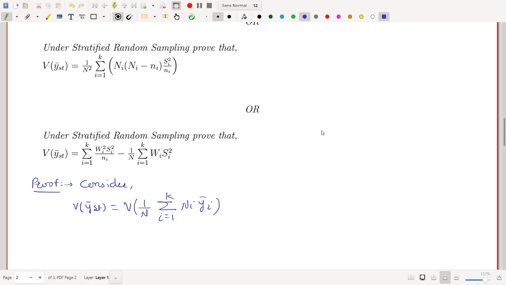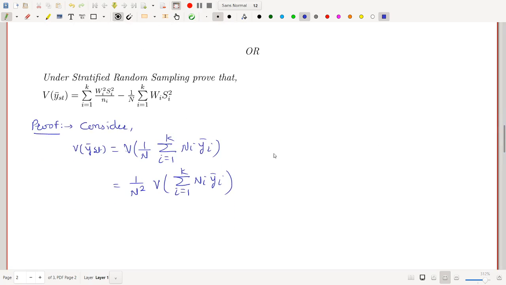So the next step will be to take variance inside this bracket. Now 1 upon n is constant, so I can write this as 1 upon n square variance of summation i running from 1 to k ni into y bar i. Now ni is also constant here.